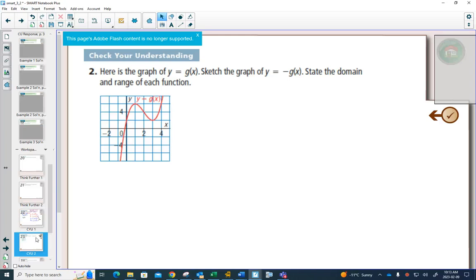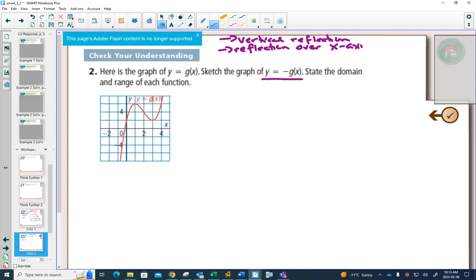We'll turn to example 2. So notice in example 2, and I'm going to underline this, y equals negative g of x. This, just to do the same thing, it's a vertical reflection.